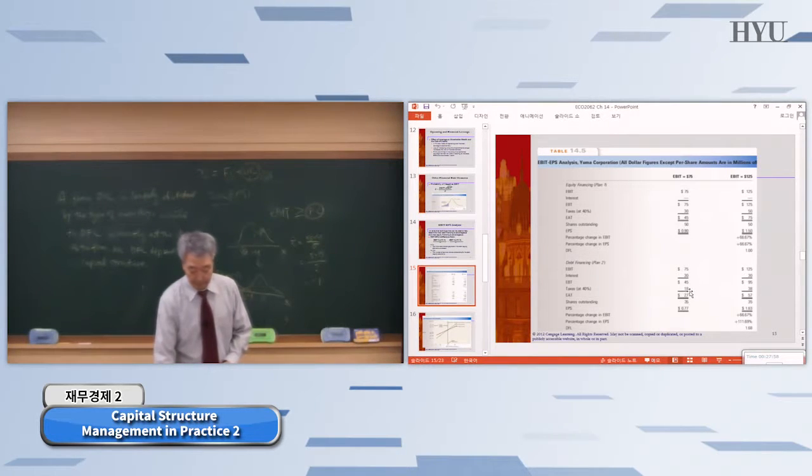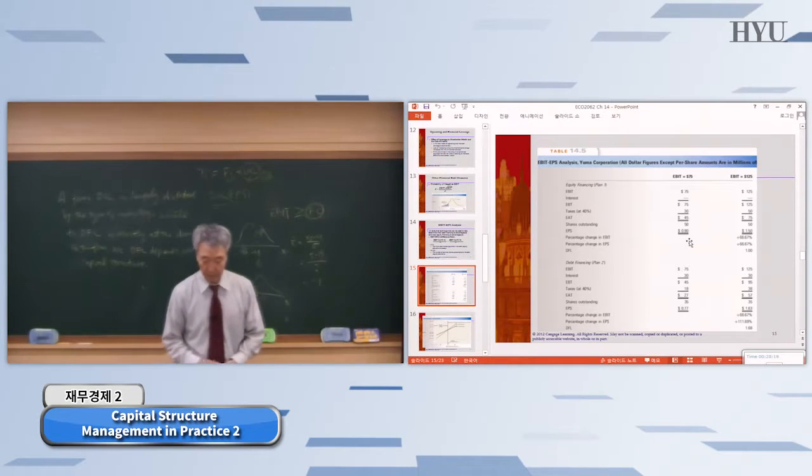Okay, so from EBIT, there is no interest cost because there is no debt. EBT is 75, and taxes at 40% is 30 million. So EAT is 45. If you divide 45 by 50, earnings per share comes out to be 90 cents.